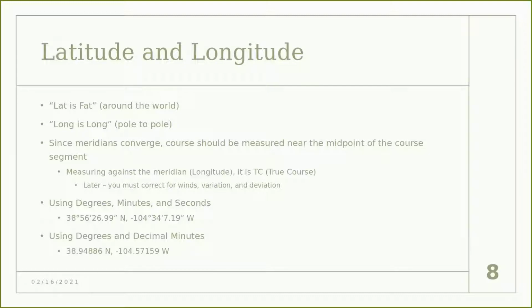Let's see, degrees, minutes, seconds, and degrees and decimals. There are two different ways to write lines of lat and long. Two different ways to write your coordinates. Those coordinates are for Meadow Lake Airport. Can everyone see that on the first one, we've got 56, 26.99.